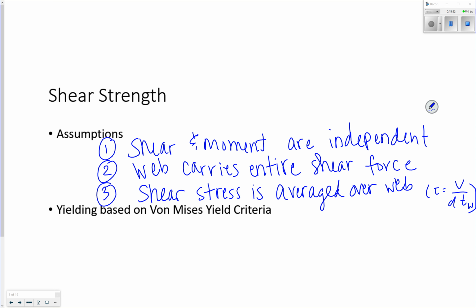Right, that was the equation that we just had a second ago. I'm going to take that shear force and average it over the area of the web, which is my depth times my thickness of my web, to get my shear stress tau. I'm using tau for shear stress, and hopefully you did this in mechanics of materials, right? The sigma was for normal stress and tau was for shear stress.